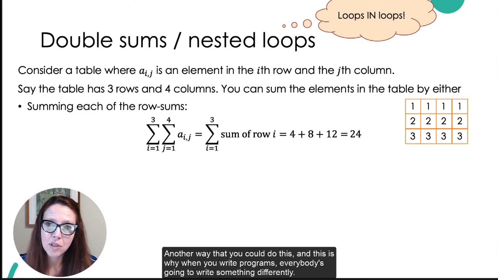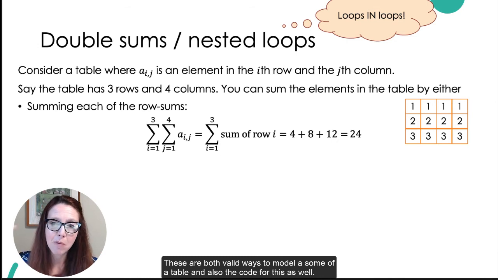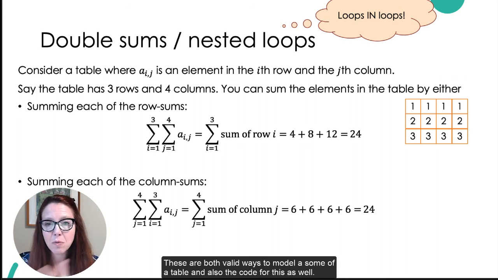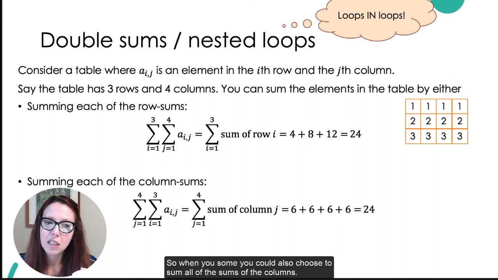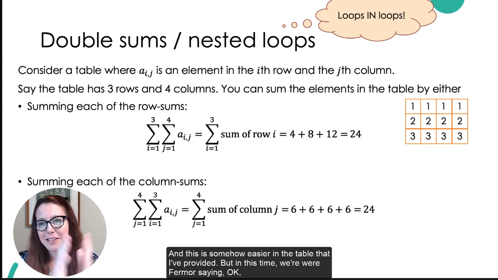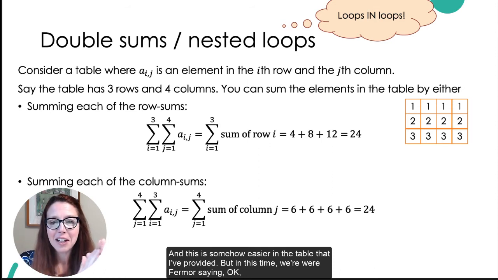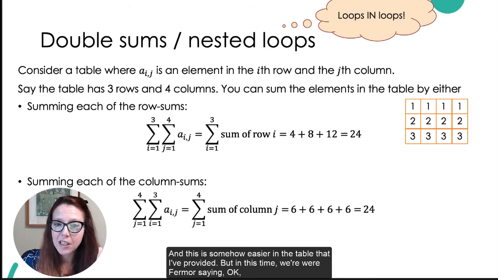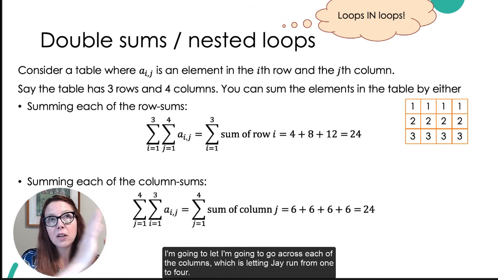Another way that you could do this, and this is why when you write programs, everybody's going to write something differently. These are both valid ways to model a sum of a table. And I'll show you the code for this as well. So when you sum, you could also choose to sum all of the sums of the columns. And this is somehow easier in the table that I've provided. But this time, we're first saying, okay, I'm going to go across each of the columns, which is letting j run from 1 to 4.